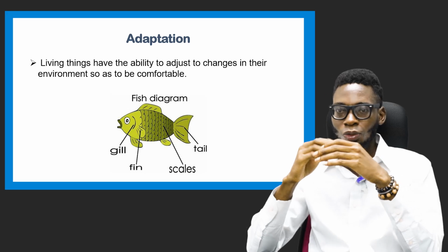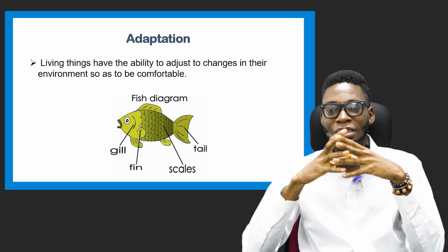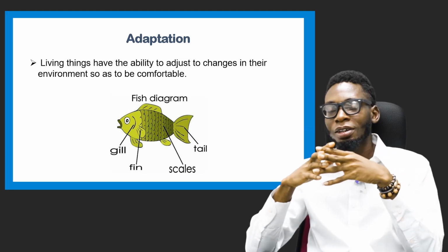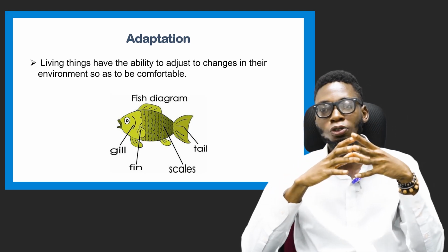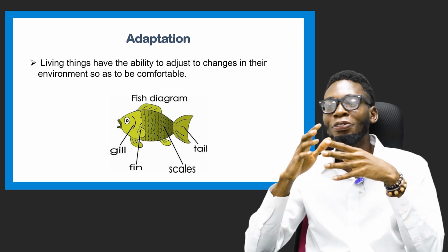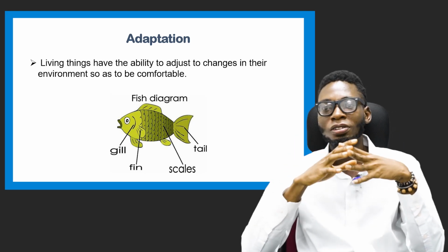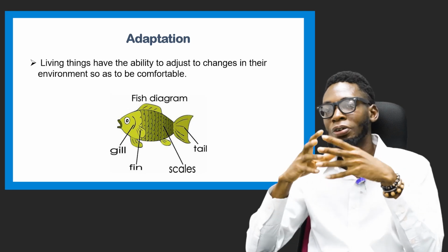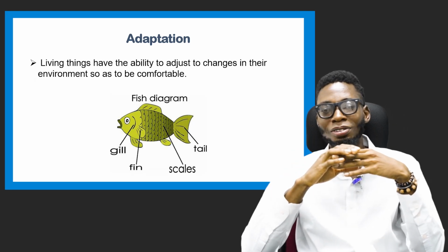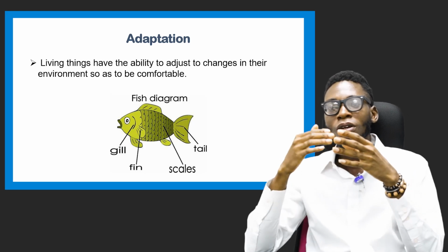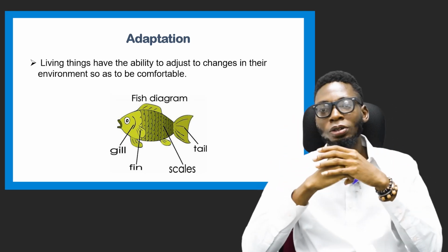Of course, the fin in the fish is used for movement in water. The scales help to protect the fish from injury and diseases. The gills are used by the fish for respiration, and the tail of the fish is used to propel the fish forward.